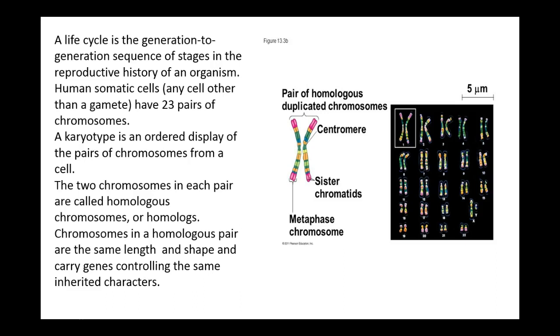When two chromosomes that have been inherited from the mother and the father are in a pair, they're called homologous chromosomes, or homologs. The chromosomes in a homologous pair are the same length, the same shape, and carry genes controlling the same inherited characters. So let's look at that a little bit more specifically.